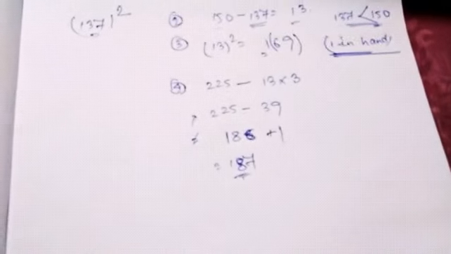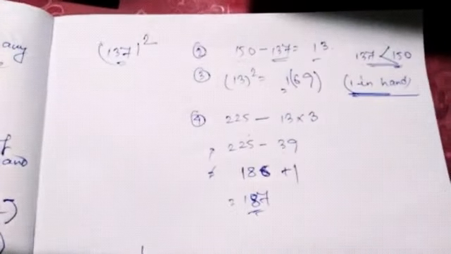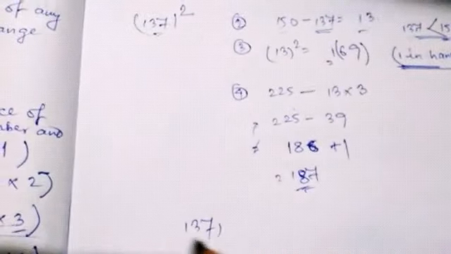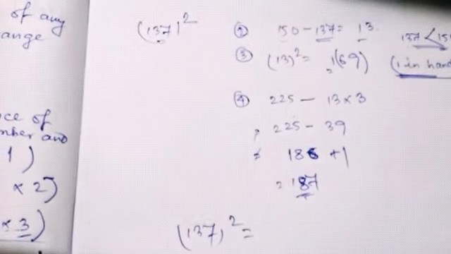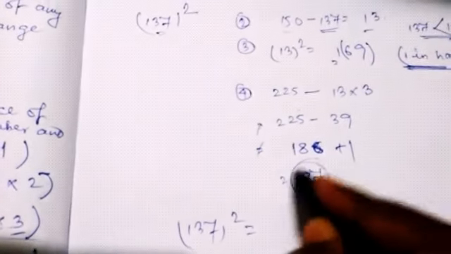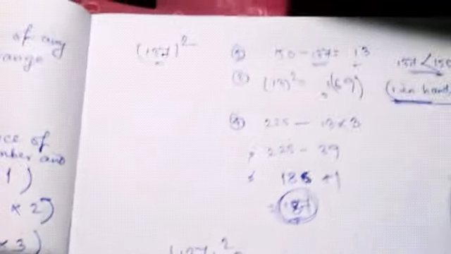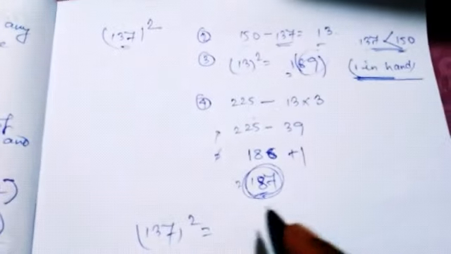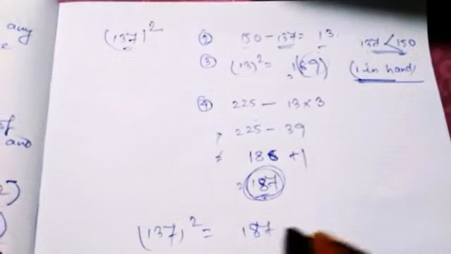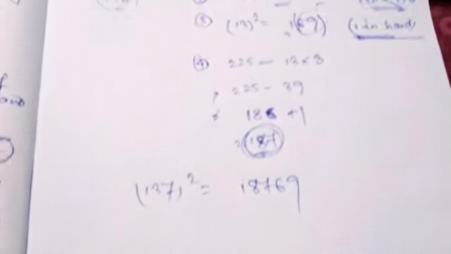So the answer should be, 137 square should be, first 187, then 69. It should be 187 69.